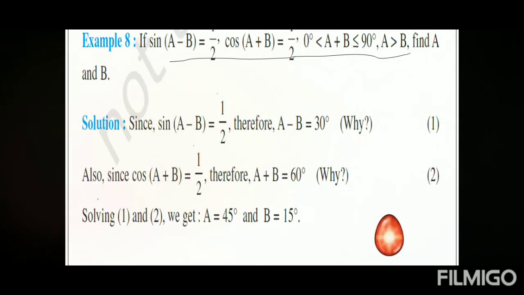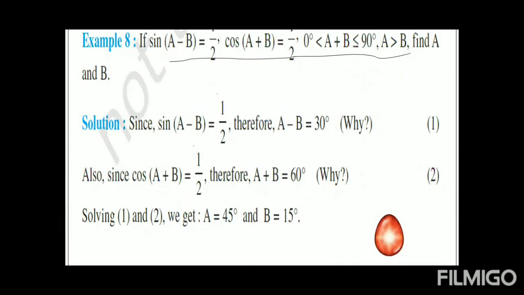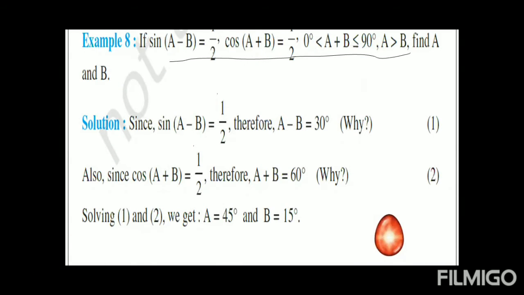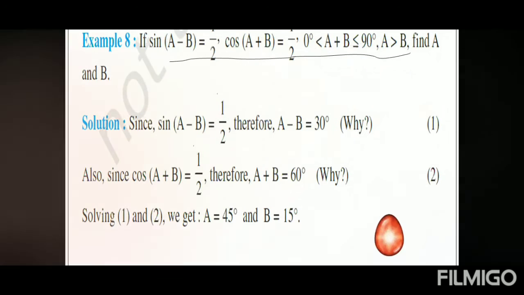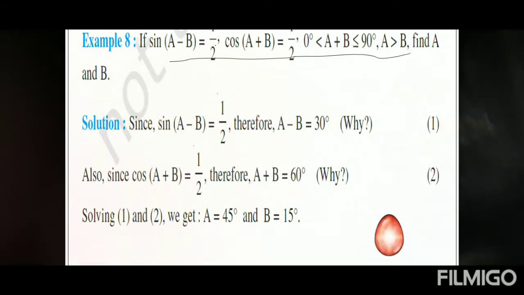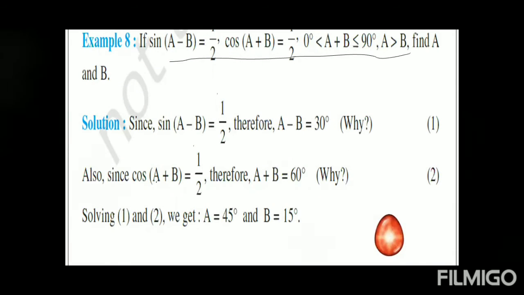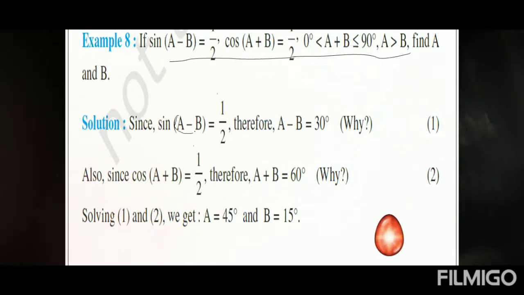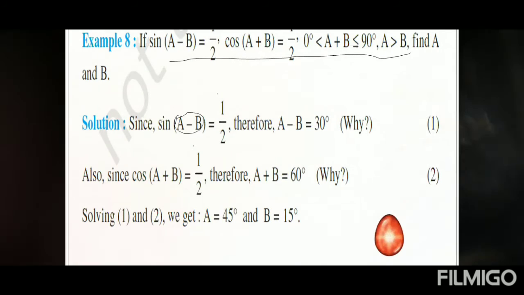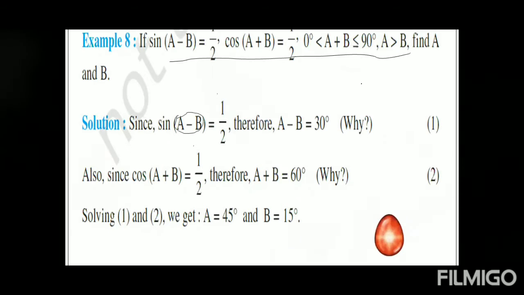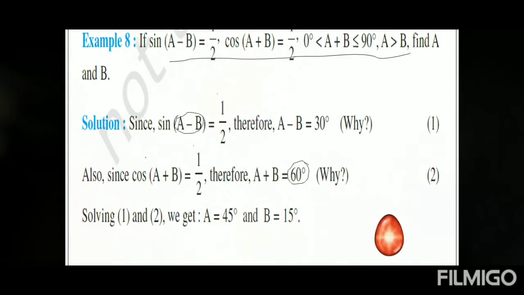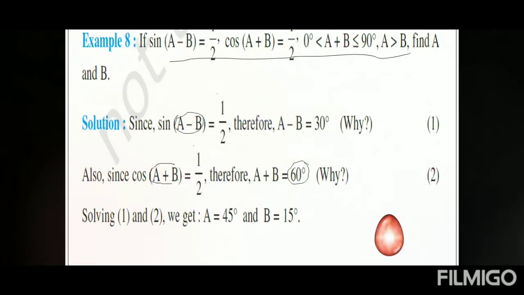Since they have taken sine of A minus B equals 1 by 2, which angle gives 1 by 2 for sine? Sine 30 is 1 by 2. So A minus B equals 30. And which angle gives 1 by 2 for cos? The angle is 60 degree. So A plus B equals 60.